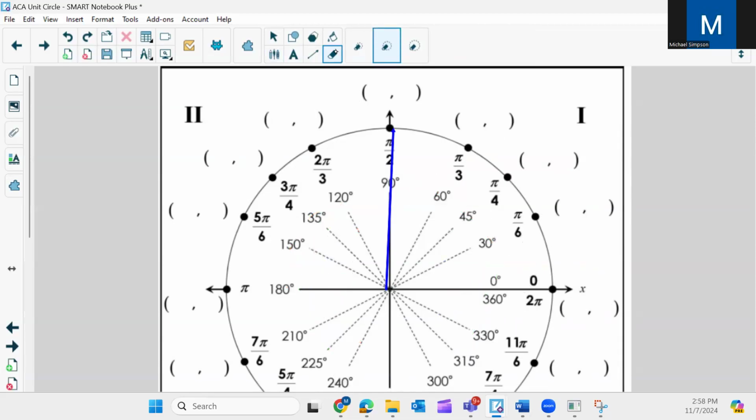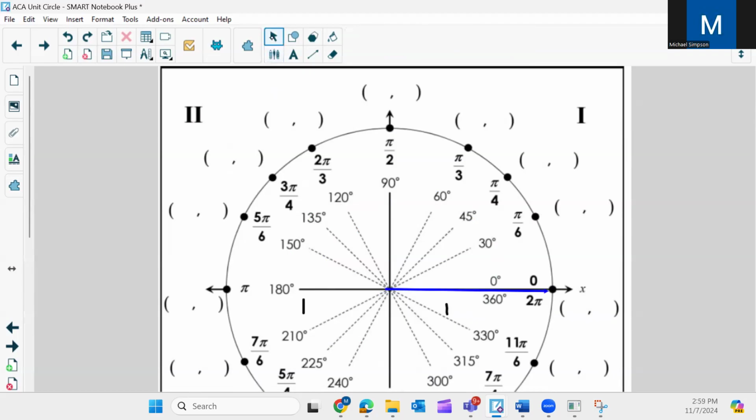Just remember this. This is the ray, and this is a unit circle. Let's suppose, remember it's a unit circle, so the length of the radius is 1. The length of the radius is 1. That means that the length of the ray is also 1.